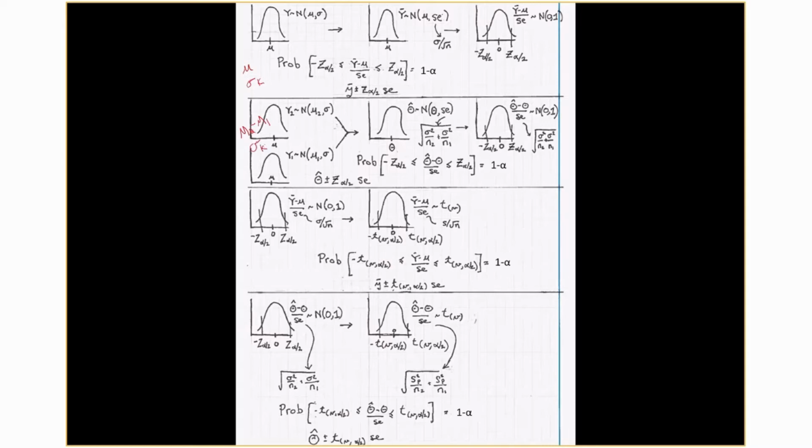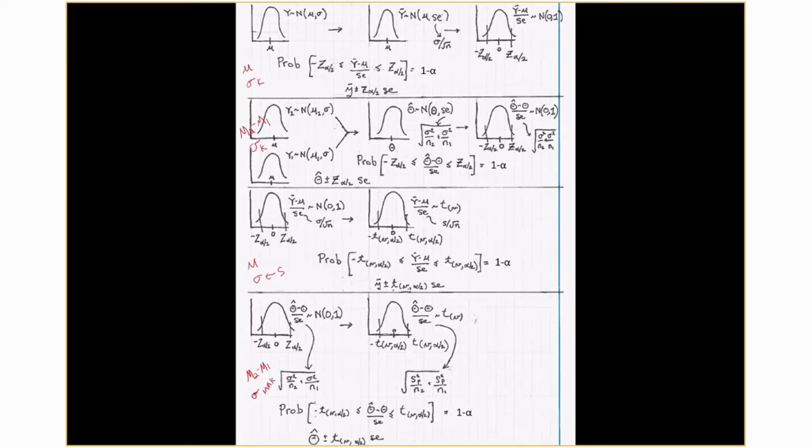Here we're estimating a single population mean again, but this time the standard deviation is unknown and it's going to be estimated by the sample standard deviation. And here we put those two together. This is the most likely scenario you're going to encounter where you're interested in estimating a 95% confidence interval on the difference between 2 population means where they've got the same standard deviation, but we don't know what it is.